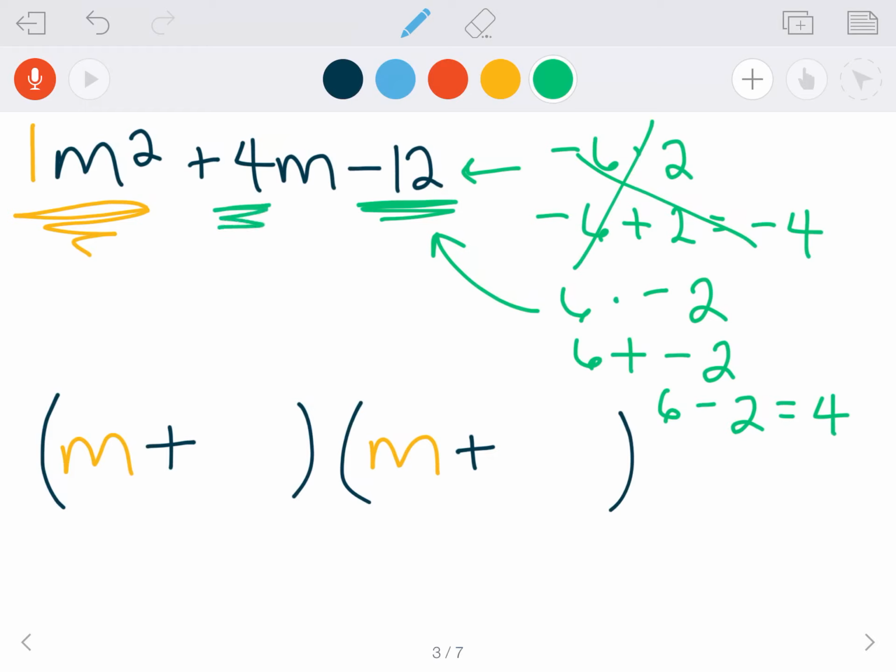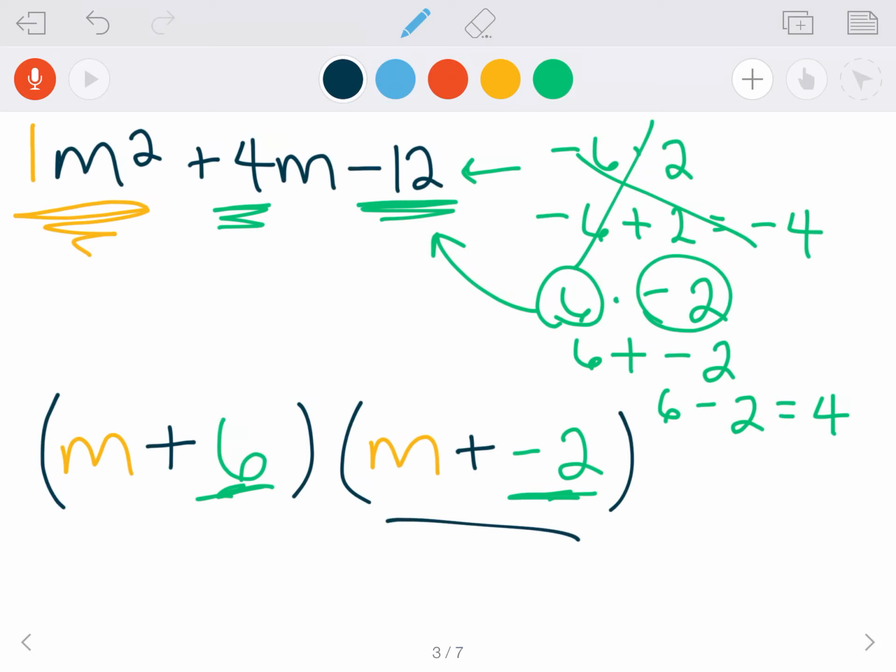So we know that the two numbers that we are going to want for these spaces here are 6 and negative 2. And if you don't want to write m plus negative 2 right here, you can also write this as m plus 6 times the quantity m minus 2. These two are exactly the same.